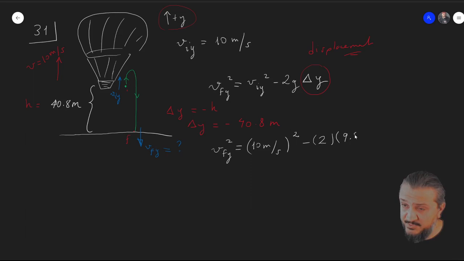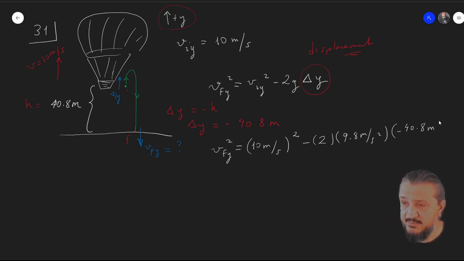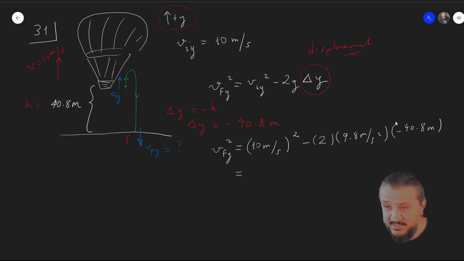G is always 9.8 meters per second squared. And delta y is negative 40.8 meters. So let's find this: 100 minus 2 times 9.8 times negative 40.8.